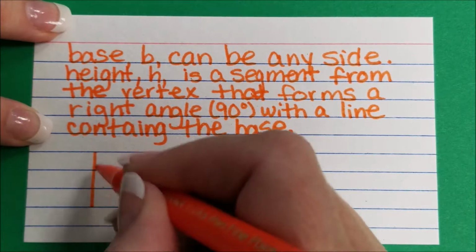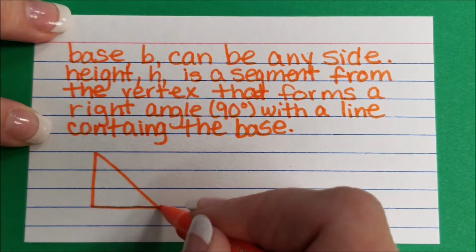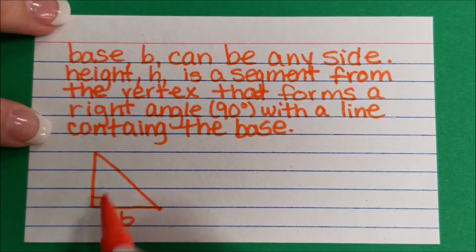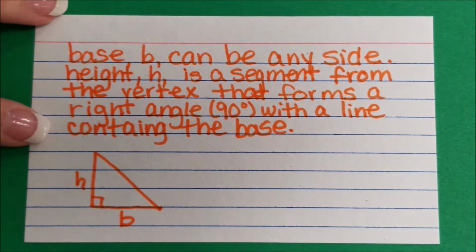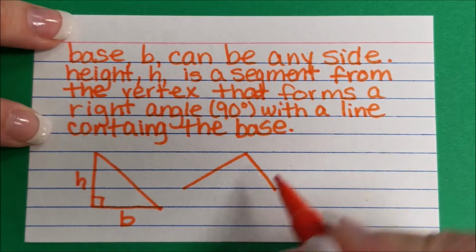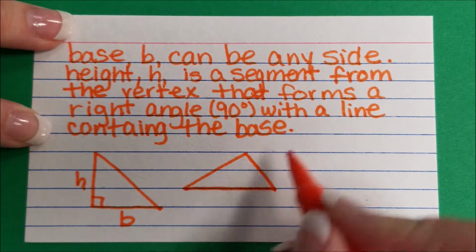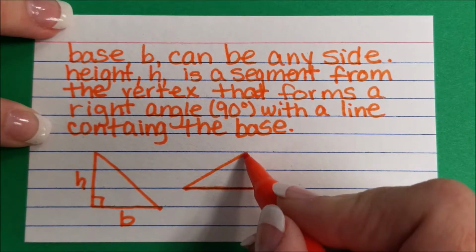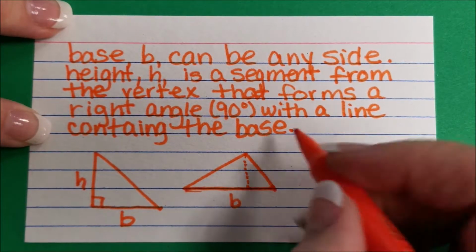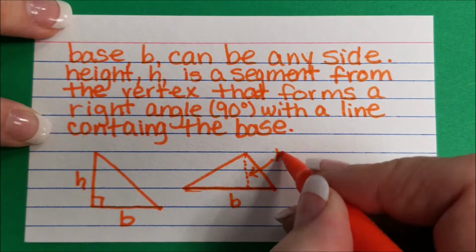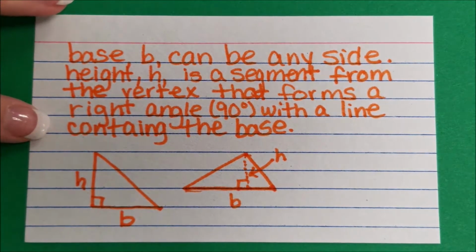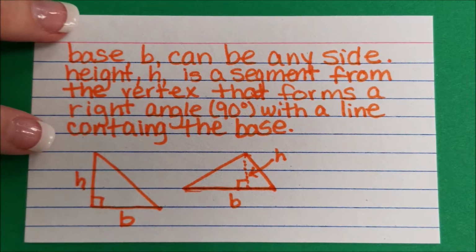So if I have a right triangle, I would use one of those legs as a base because the other leg would be the height. Now, if it's not a right triangle, now I could use any one of these, but I'm going to use this one. This bottom one here is my base, and then I'd have to draw in a perpendicular line from that base to the opposite corner of the triangle, and that would be my height.